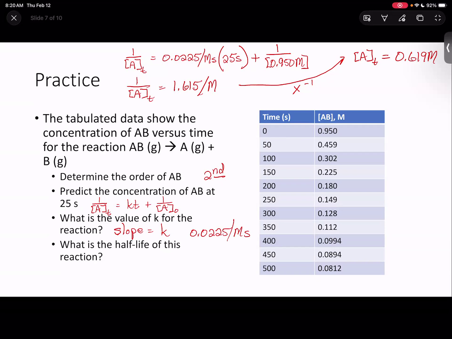What is the half-life of this reaction? The half-life for a second order reaction is that t1/2 is equal to 1 over k times the original concentration.